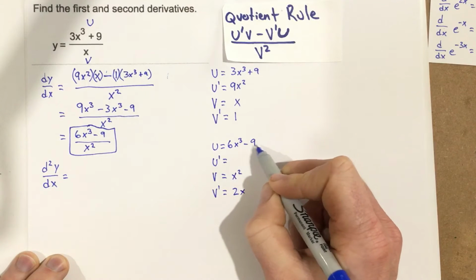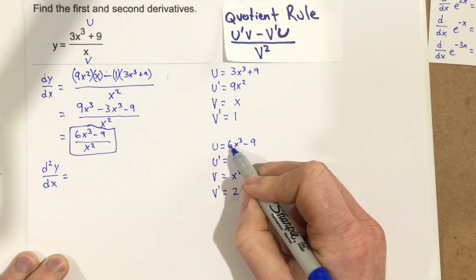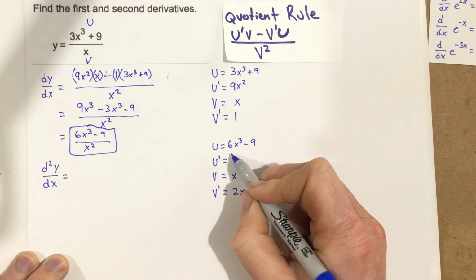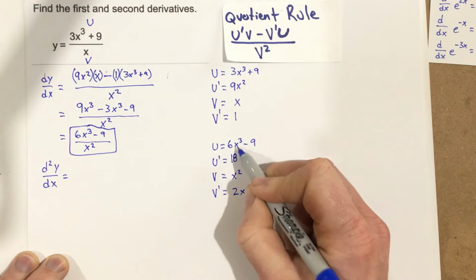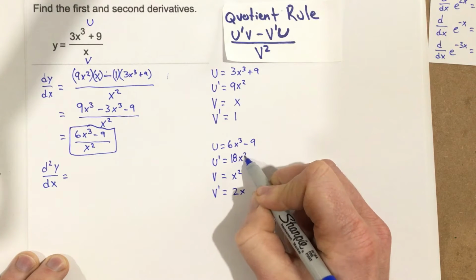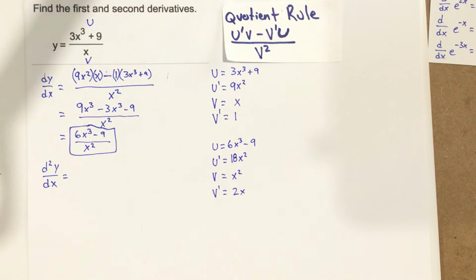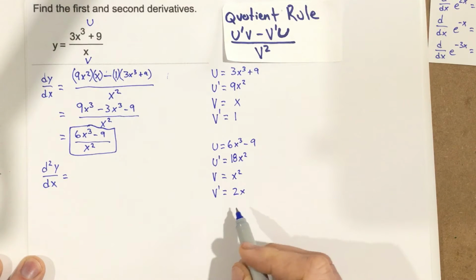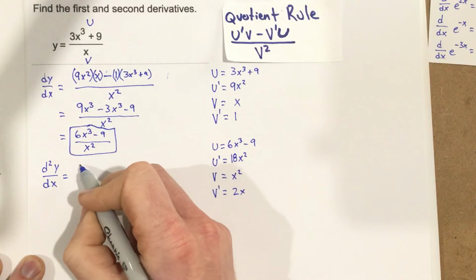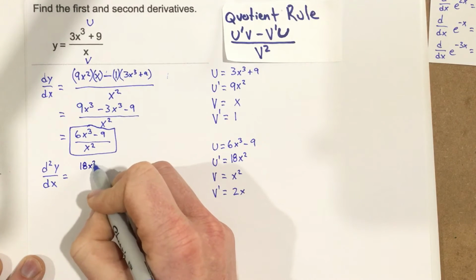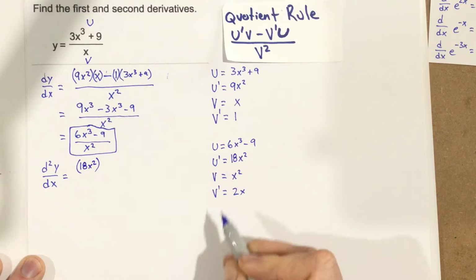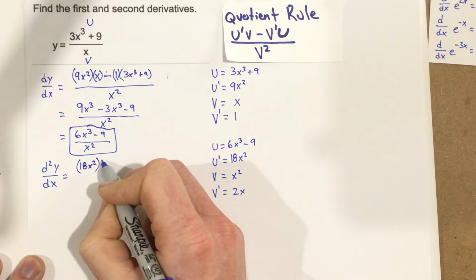Derivative of this function is 3 comes to the front, we end up with 18x squared. That cancels. So now we can go ahead and write this as u prime, which is 18x squared, times v, which is x squared.